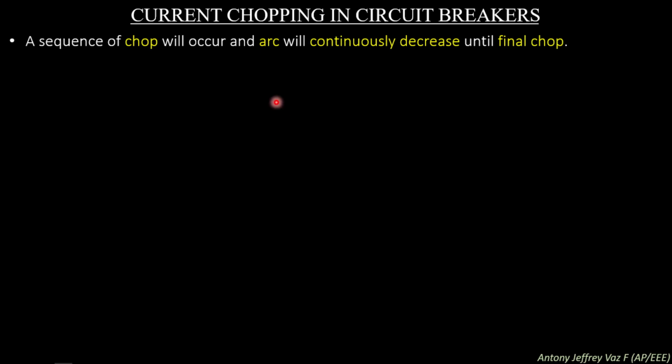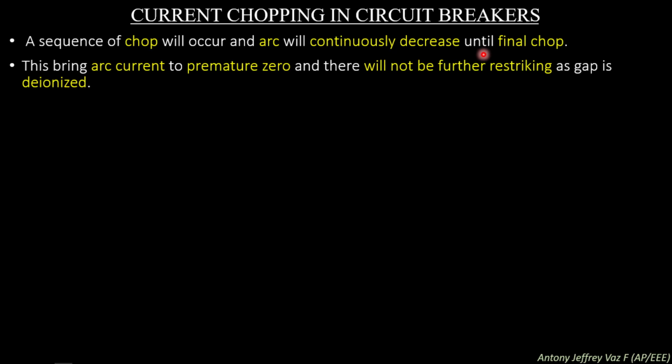A sequence of chops will occur and the arc current will continuously decrease until the final chop. Till the end, the arc current will slowly decrease, and at the final chop, the inductor current as well as the arc current will be equal to 0, and there will be no more current to maintain the current chopping.